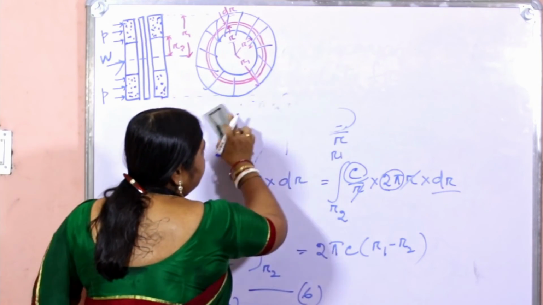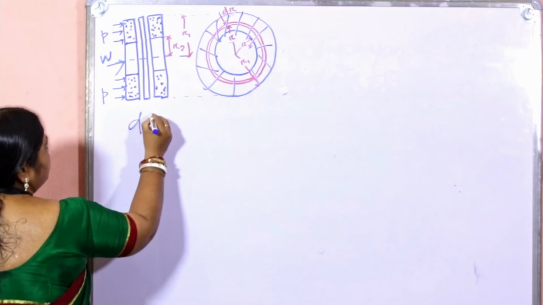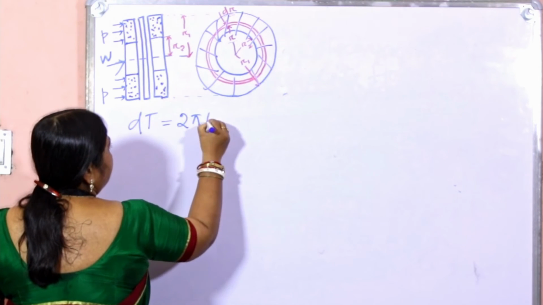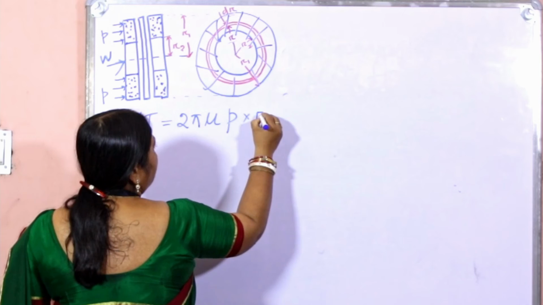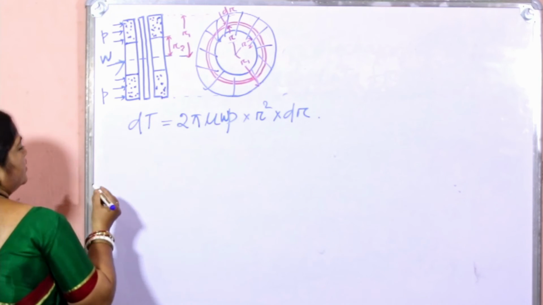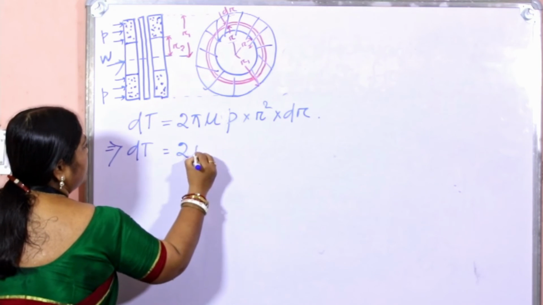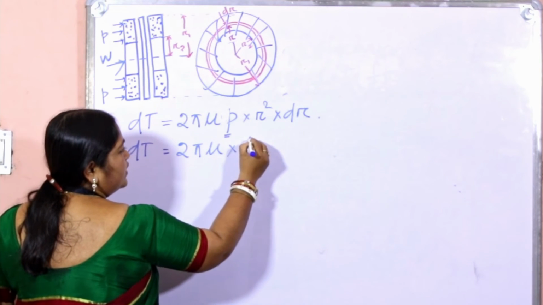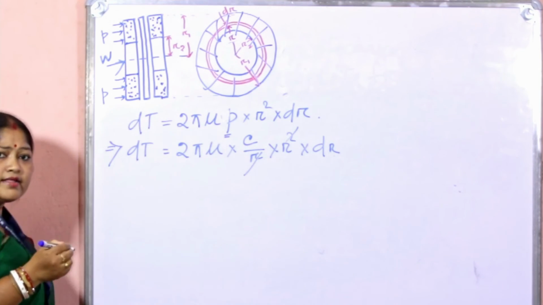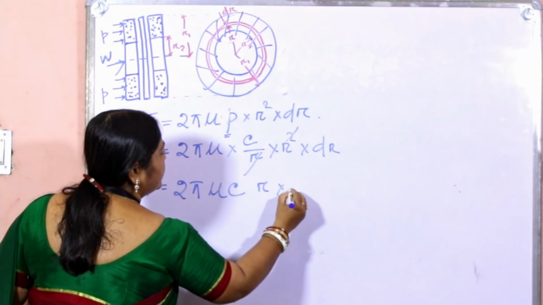The equation for the torque transmitted we get from the previous derivation, that is equation number 4: dT is equal to 2 pi mu p r square dr. It implies that dT is equal to 2 pi mu into, in place of p, C divided by r, then r square into dr. Then one r cancels out, so the equation becomes dT is equal to 2 pi mu C r into dr.